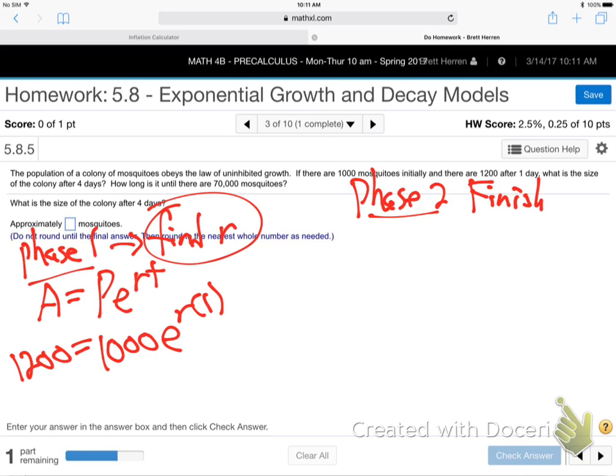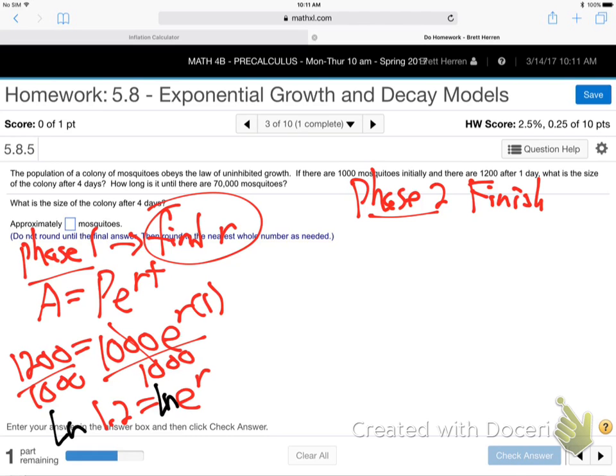All right, so how do we solve for R here? Get rid of that 1,000 first off, right? Drop the 1,000. That's 1.2 is e to the R times 1, just e to the R, right? And now R is where? In the power zone. So what does that mean we do? Natural log. We dethrone it, right?